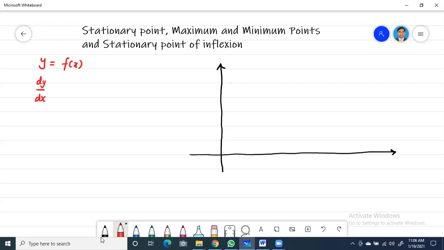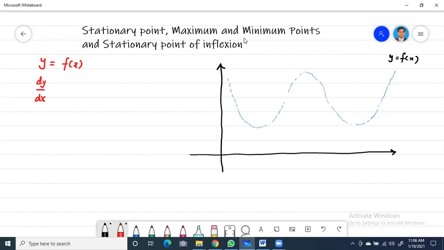Here y is dependent and x is the independent variable. Now this y is equal to f of x, we are sketching here in the xy plane. Suppose this is y is equal to f of x.